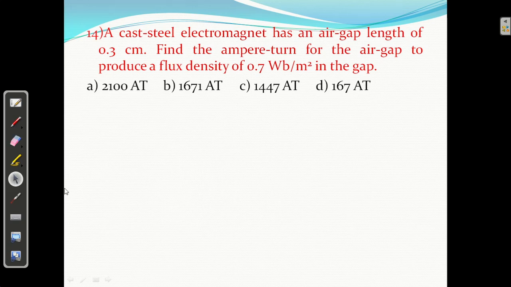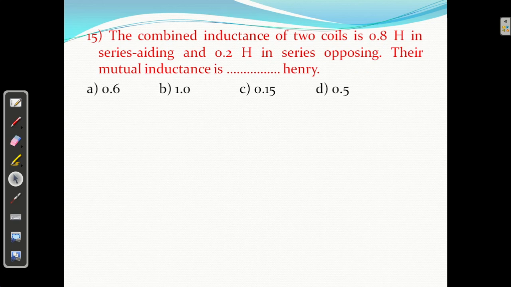Okay. Question number 15. The combined inductance of two coils is 0.8 Henry in series adding and 0.2 Henry in series opposition, their mutual inductance. So this is very clear.